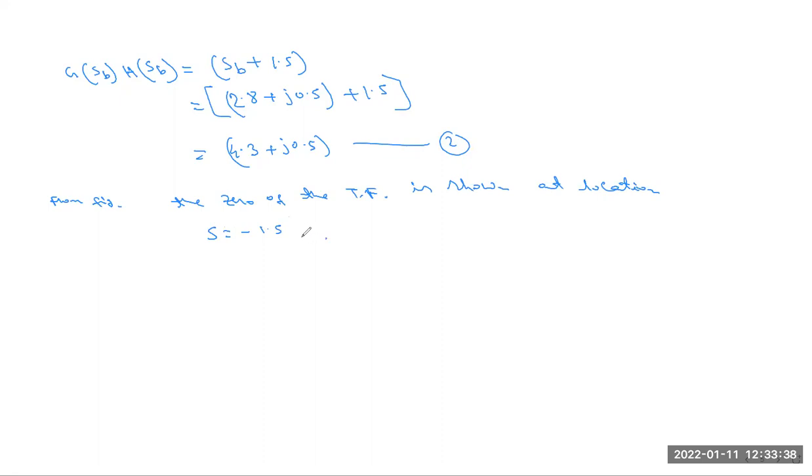Okay, and one phasor, first MA, is drawn from the point S equals minus 1.5.